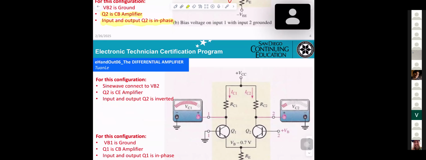VB2 is ground, Q2 is common base, and input, output is in phase. If you can understand up to that point, you're okay. Now let's see what else.